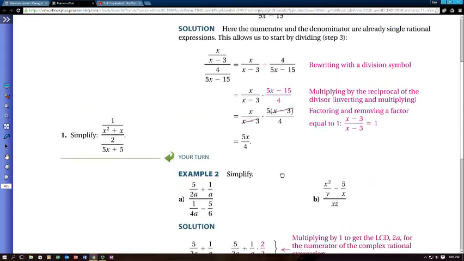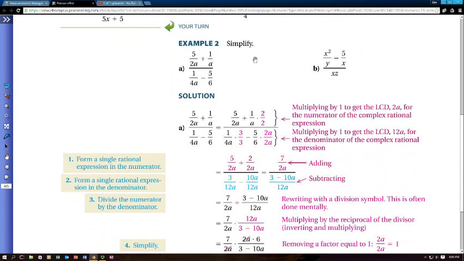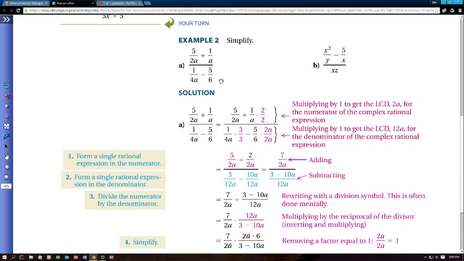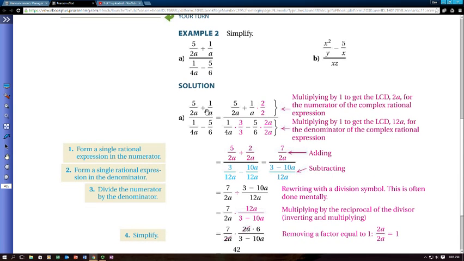Now in this case, the next step is we want one fraction over one fraction. To stay in this strategy, we take the numerator, a, and this 5 over 2a plus 1 over a, and actually perform that addition. You just treat this as its own thing. Let's look at the numerator. The common denominator between 2a and a is 2a.